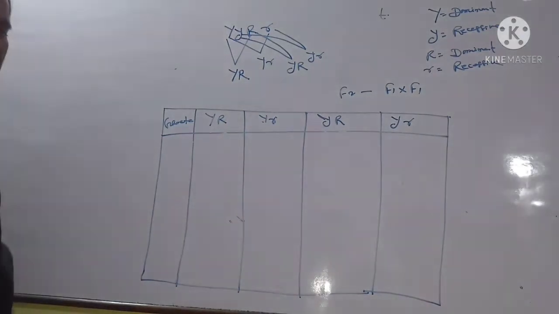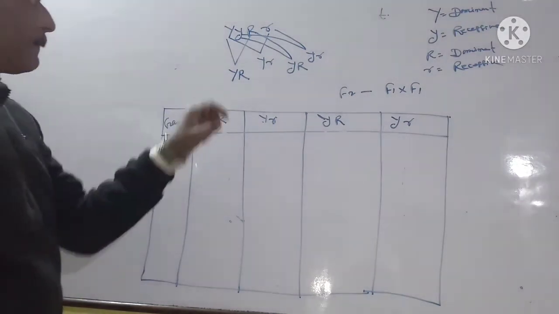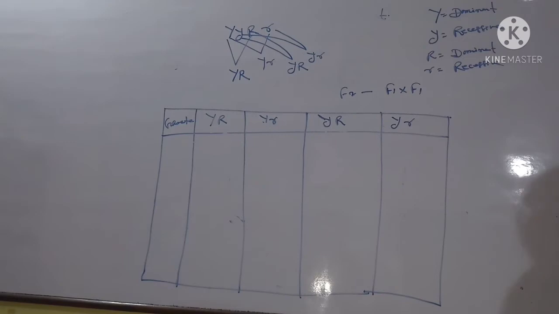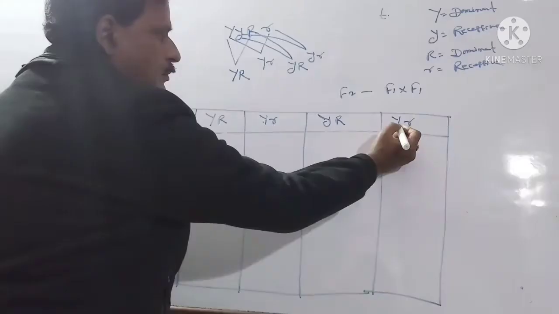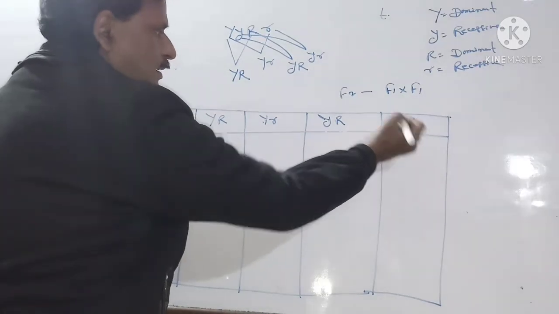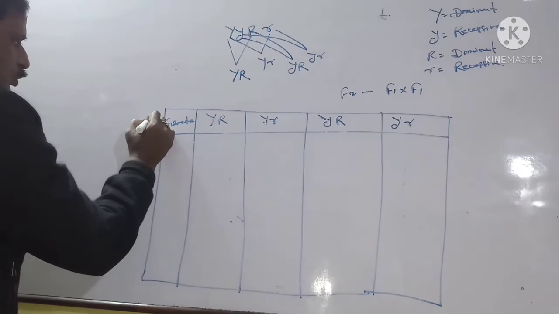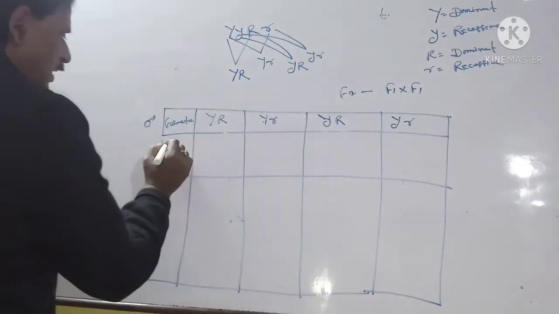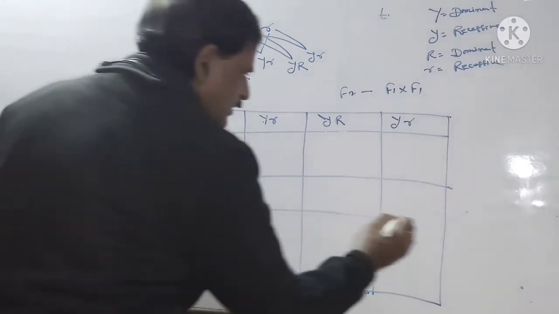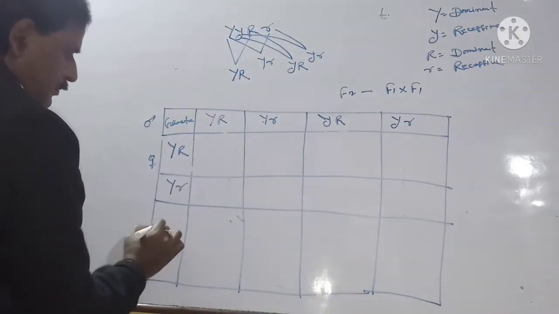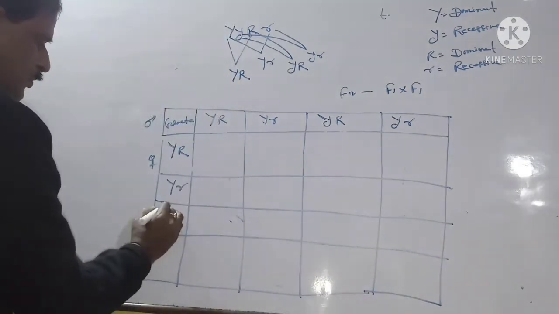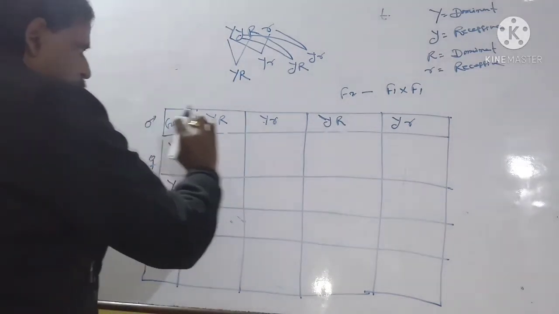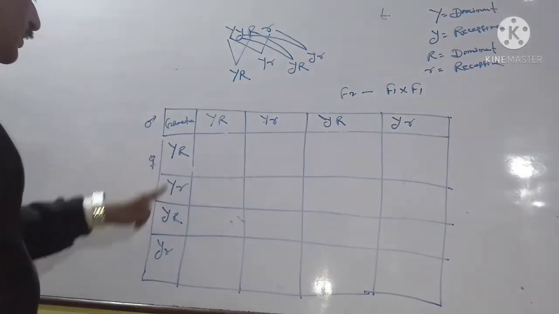We consider this as the male gamete, it is called the male gamete. Then the other is female. For female we write the same gametes, capital Y capital R, next is capital Y small r, next is small y capital R, small y small r. One row is male gamete and the other is female gamete.